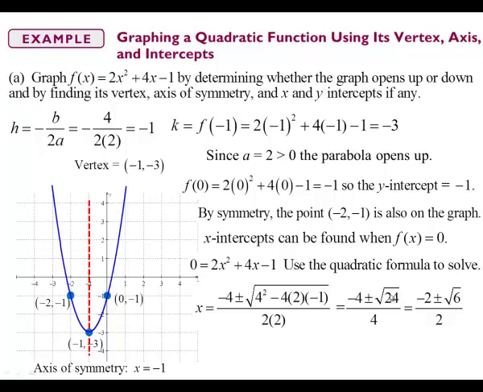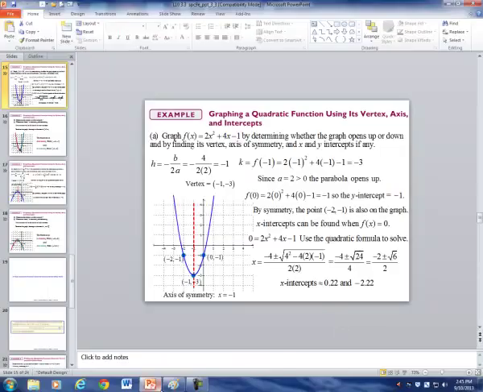So we get negative 4 plus or minus the square root of 24, over 4. Well, the square root of 24, that's 6 times 4, so the square root of 4 is 2. So that'll be 2 square root 6 there, and then you can split it. So let's see what that looks like on the palette.